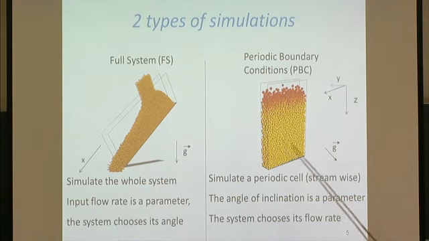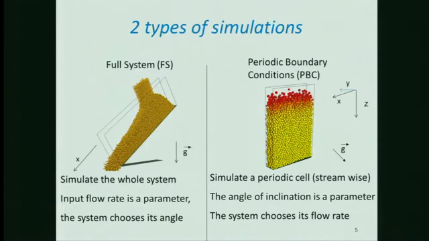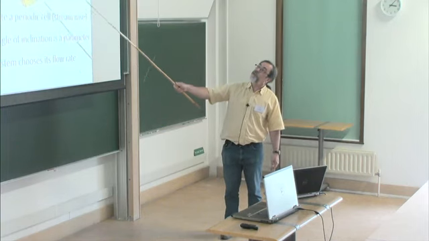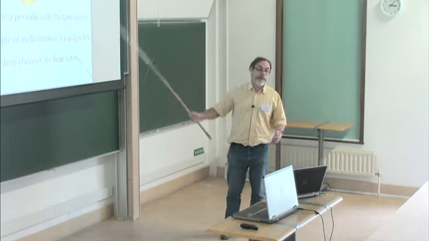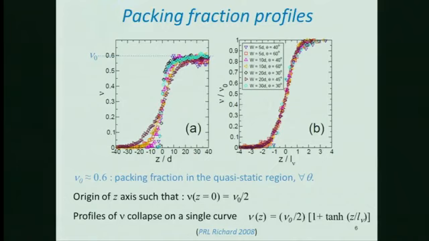In this case, we incline the gravity, not the periodic cell itself. The parameter is the angle of inclination of the gravity, and the system chooses the flow rate. But we checked that it gives the same thing. Both give the same angle. The relation between the angle of the flow and the flow rate is the same in both conditions. So we mainly use the periodic boundary condition simulations.